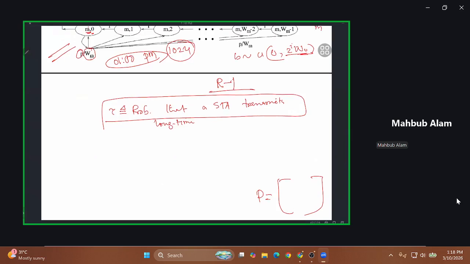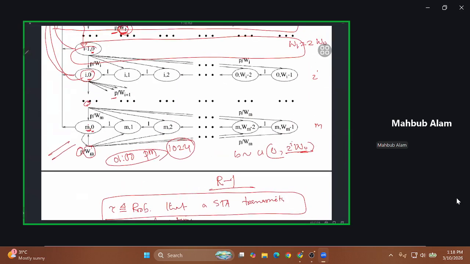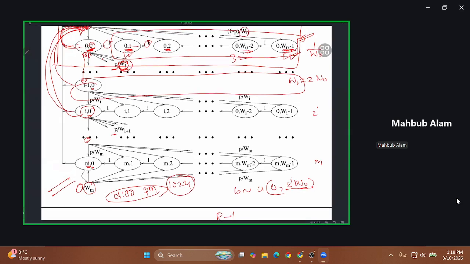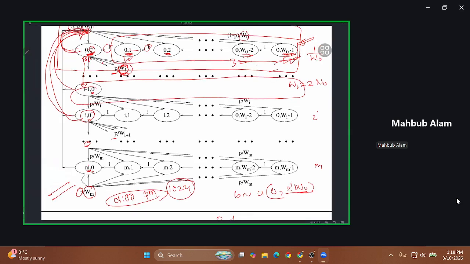Then you need to calculate the steady state probability of all states. Actually, we are not interested about these steady states because a station transmits when the backup state value is 0. So we just want to know the probability that the chain is here. And this says the probability with which a station transmits.